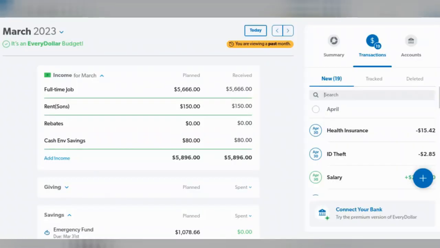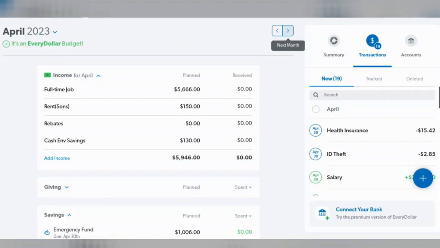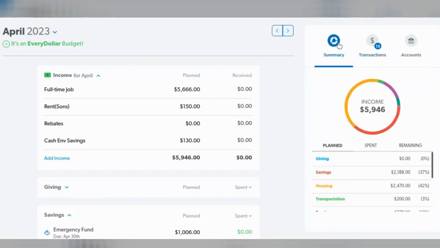Let me go back to March and show you what my savings were. So for the month of March, I saved 27.66. Come on, Tracy, wake up. 46% of my income went to savings in March. And I have to remember how much I was putting into my emergency fund because I got to put a post on Instagram.